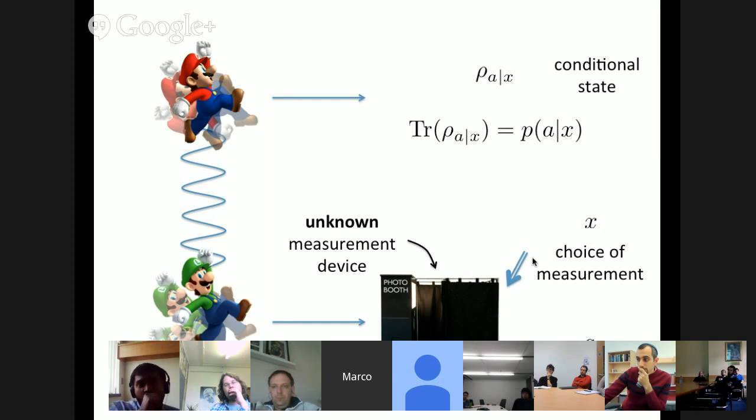So we have this picture where Alice, with her unknown measurement devices, can choose a measurement and obtain an outcome, and correspondingly, we have access to the information about the conditional states realized on Bob's side. And again, these are not normalized states, but they are normalized in the sense of the trace being the probability of the outcome A for measurement choice X on Alice's side.